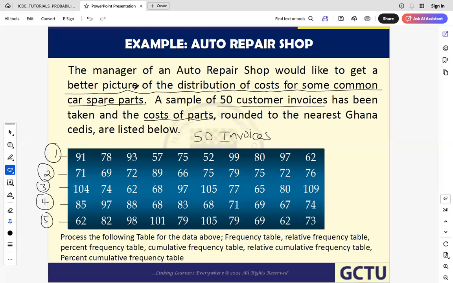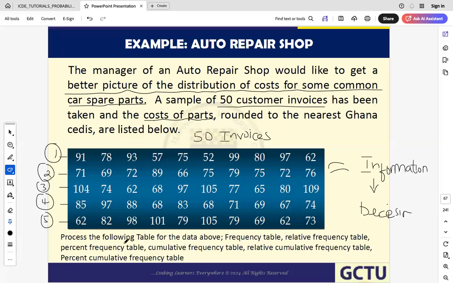So he wants to get a better picture of the money on the invoices. Then he can know whether some other thing must be improved. And so he's trying to put this data into information, and then with the information, whatever recommendation comes from it will help him to take a decision.